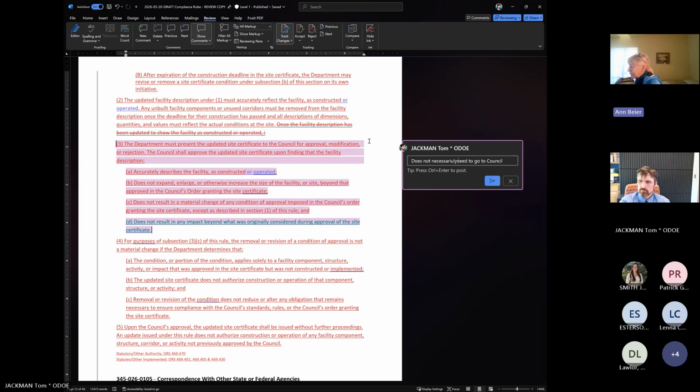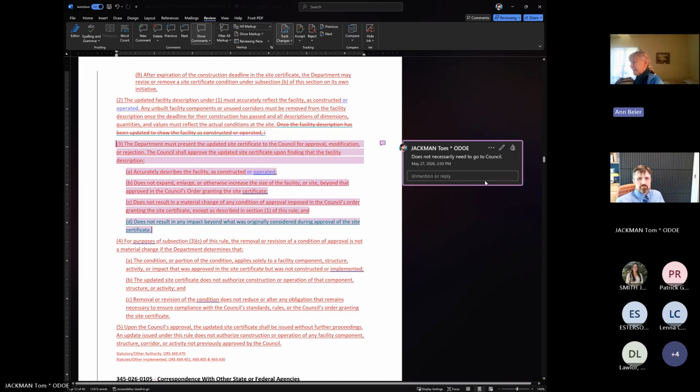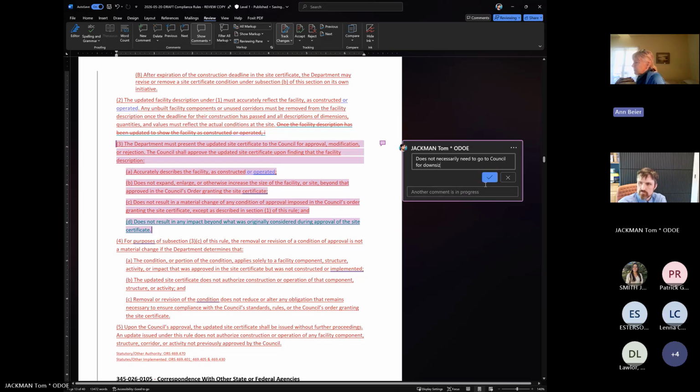But if there's no possibility of more impacts, no change to financial assurances, if it really is a downsizing or a pulling back, just notification. I think there's generally flexibility for the council to weigh in and say, staff, please reevaluate this, but I don't have any concerns with the language you've drafted, so thanks.